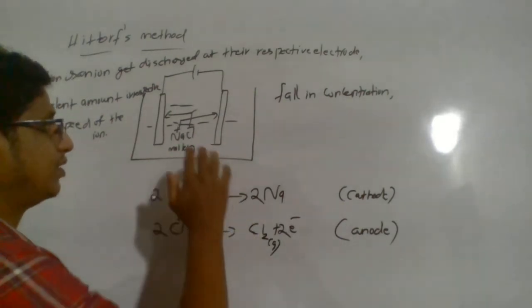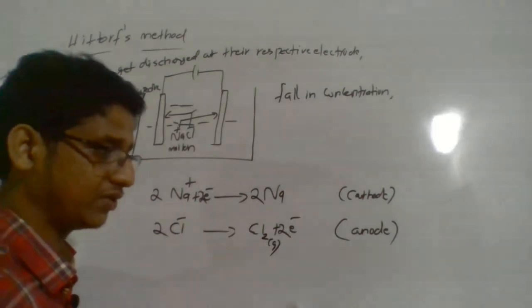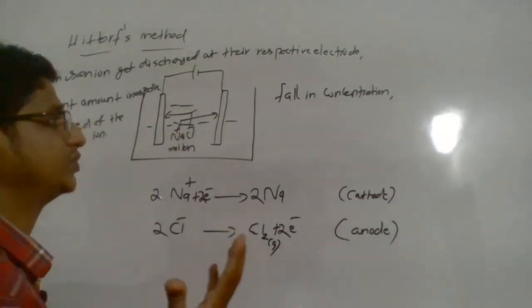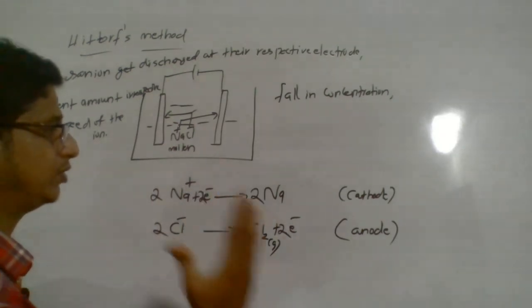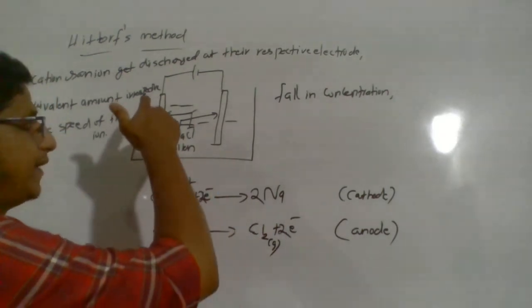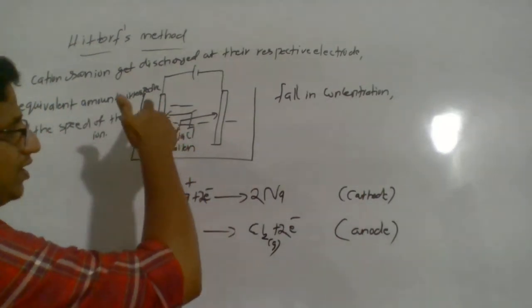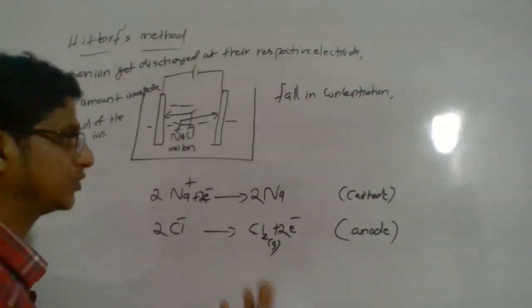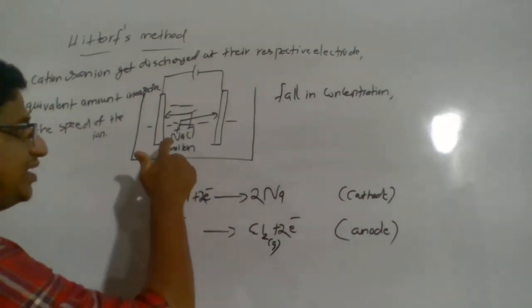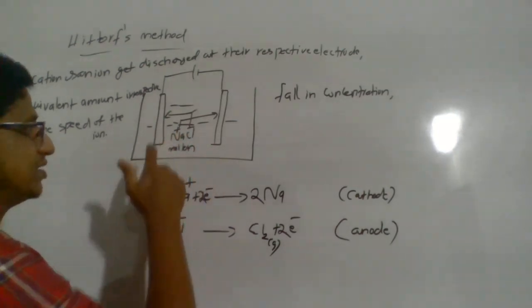Now imagine only one particular ion can move. The movement of the other ion is restricted by applying a suitable electrode or the like. If one particular ion moves, the falling concentration around that particular electrode will again be proportional to the speed of the ion, because Na plus ion moves to the cathode and Cl minus ion moves to the anode.